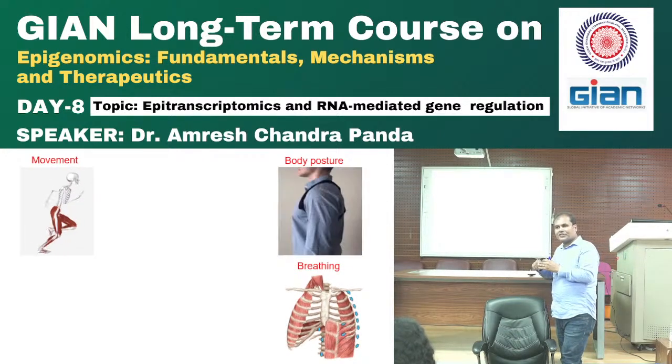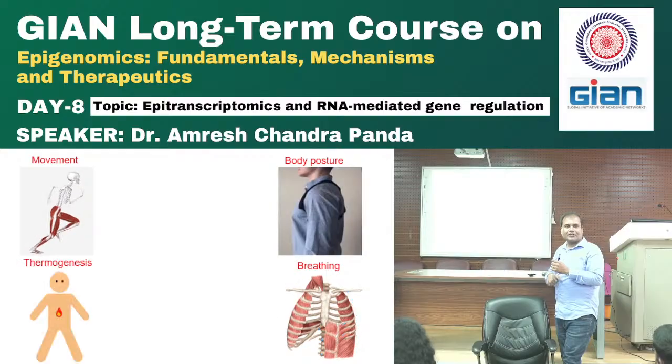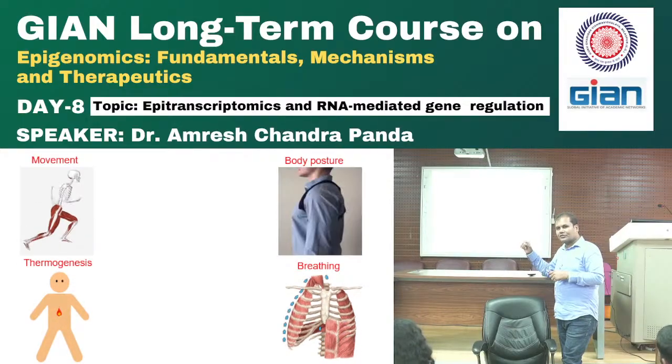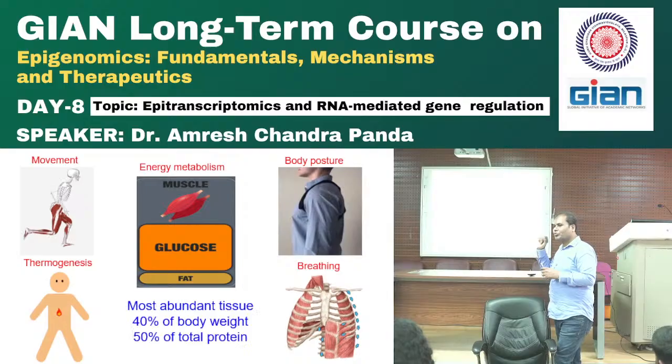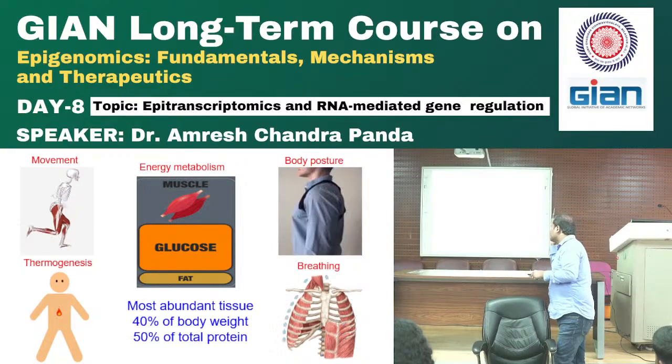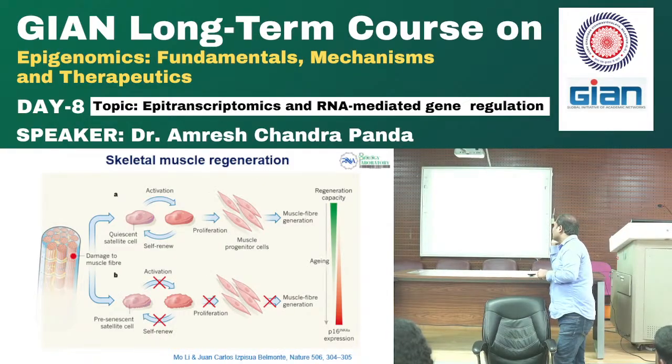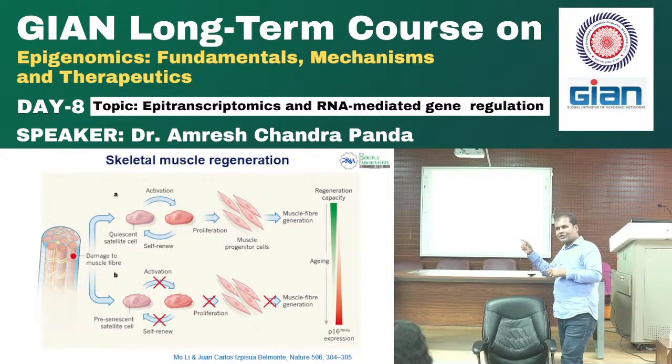Those are stem cells. They get activated once you exercise or there is an injury. In both cases, your stem cells get activated. They give rise to more muscle cells. They proliferate. They fuse together to form myotubes.